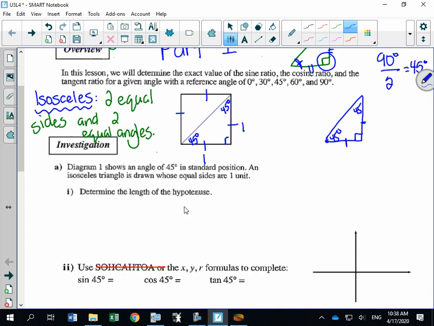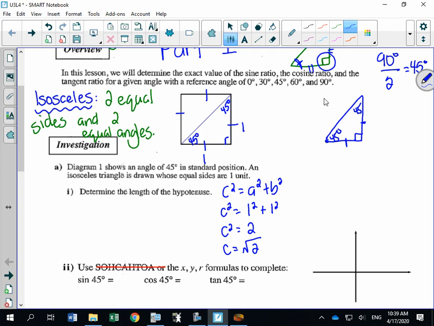C squared equals A squared plus B squared. So C squared is equal to 1 squared plus 1 squared. C squared is equal to 2, and C would be equal to the square root of 2.